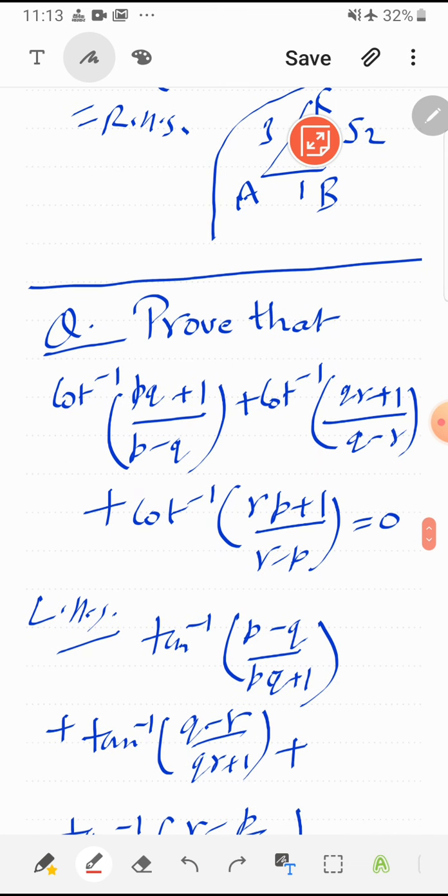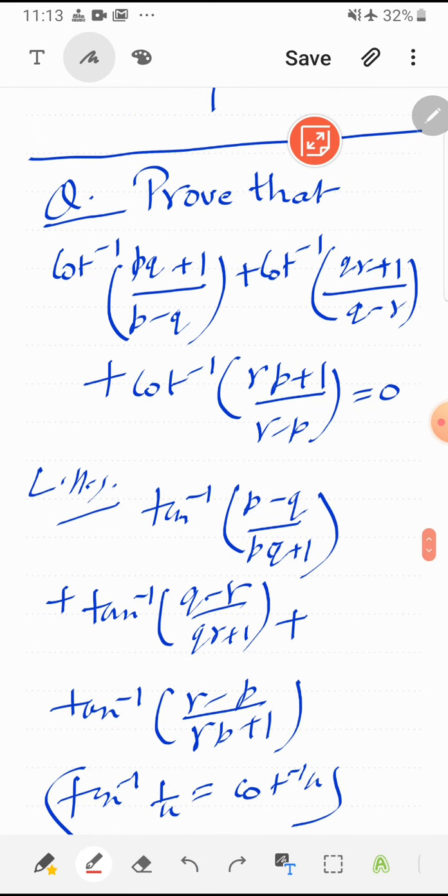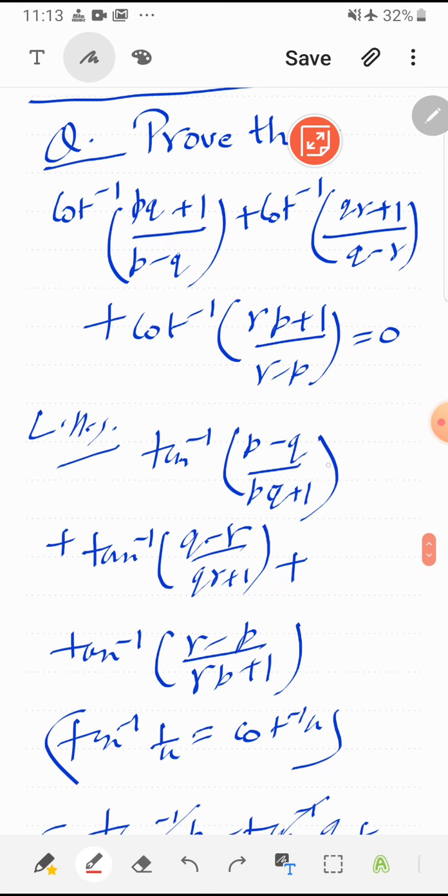Next, cot inverse of (PQ plus 1) upon (P minus Q) plus cot inverse of (QR plus 1) upon (Q minus R) plus cot inverse of (RP plus 1) upon (R minus P) is equal to 0. These three are cyclic order terms like P minus Q, Q minus R, R minus P. If you know the formula for cot inverse, then it's okay. Otherwise it's better to convert this into tan inverse, so that things will be reciprocated.